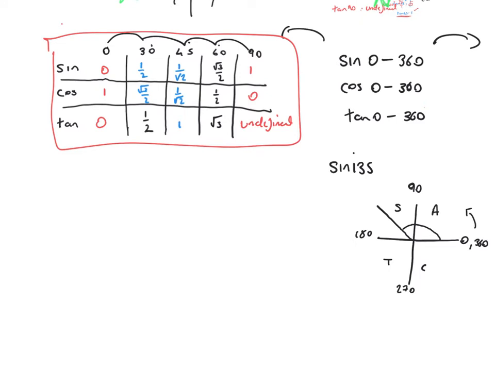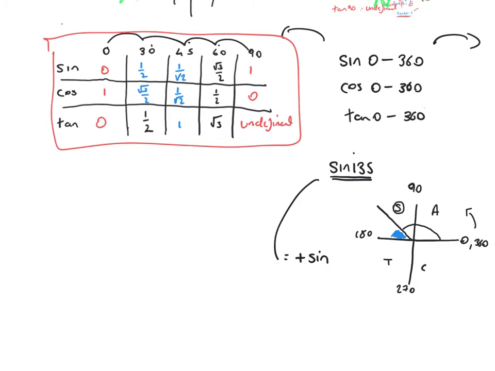Okay. Now, because we're in the sine quadrant, that means that this result, sine 135, is going to be a positive result. So just go with me with this one just now. So it's going to be positive sine. Now our next move then, this is just a trick, is we get this acute angle in here.